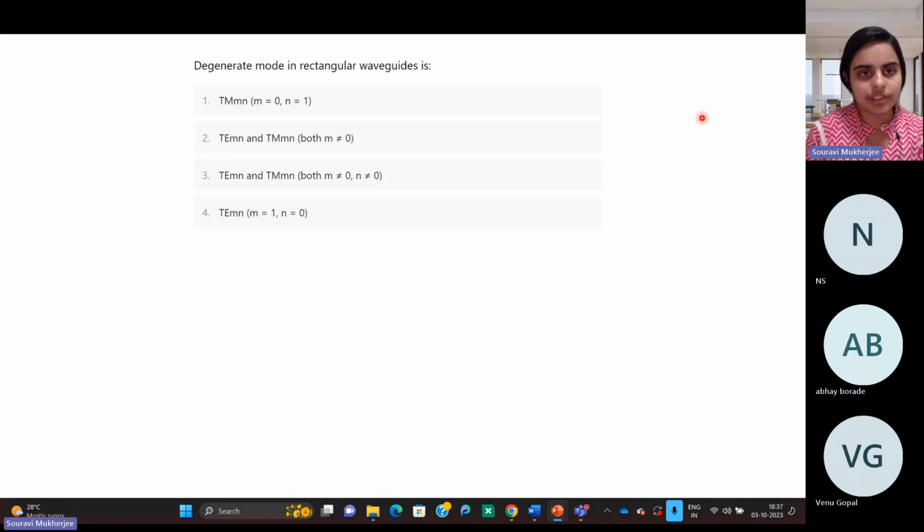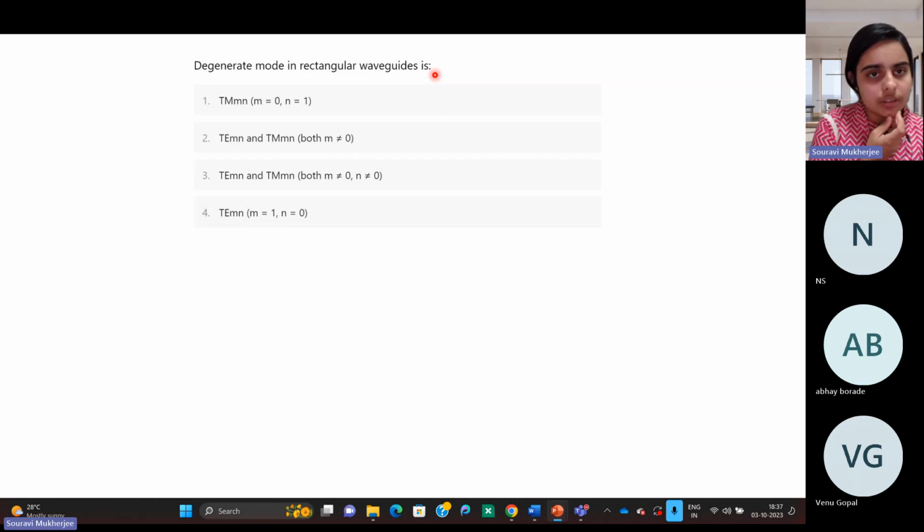Now, this is another question which says that in some cases, your frequencies can be degenerate. So the cutoff frequencies can be the same for different modes, right? And those are called degenerate modes. Now, the question is which among the following are degenerate modes? That means different values of M and N can have the same frequencies. That's the meaning of degenerate.